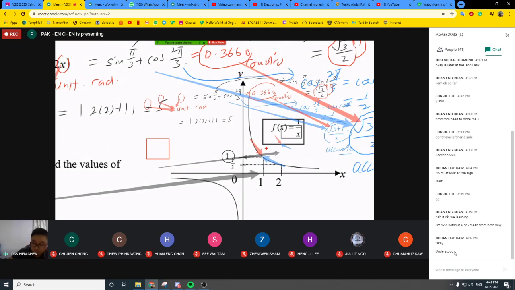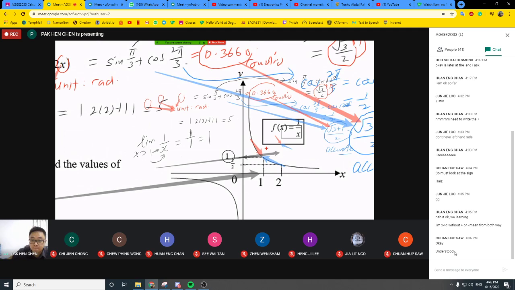Therefore we will say that the limit as x approaches 1 for the function 1 over x, we can still do substitution. The substitution is still allowed because it is continuous at that particular point, which equals 1.